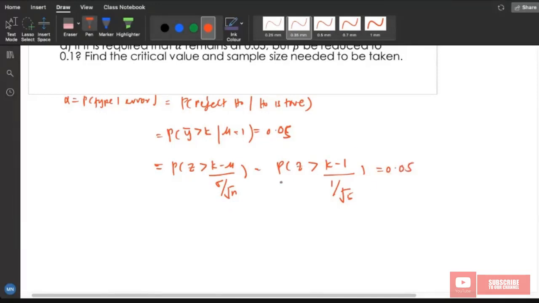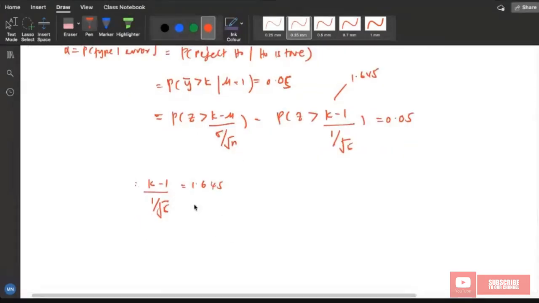By looking at the statistical table, 0.05 is 1.645. Right. So we know here k minus 1 divided by 1 over square root of 5 is equal to 1.645, right? So we do a mathematical manipulation here, and k should be equal to 1.7357, right? This is how we calculate the value of k.